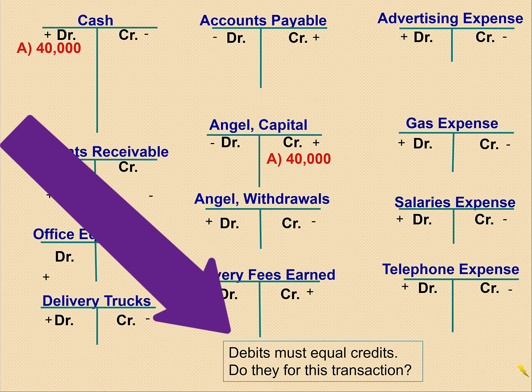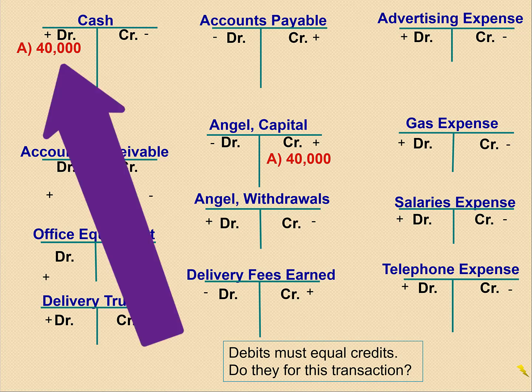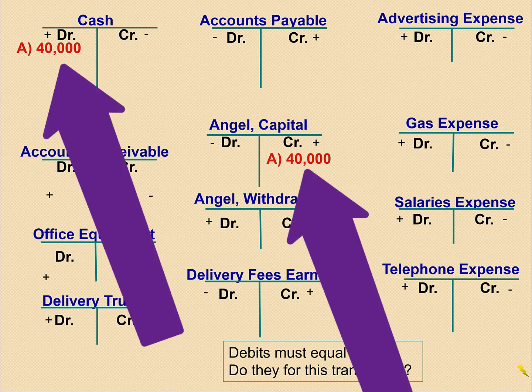But when you copy the numbers over, this is called posting. When you post those debits and credits to this ledger in the form of T accounts, it's easy to accidentally put the debit or credit on the wrong side. So do our debits equal our credits in this transaction? Yep, $40,000 debit and a $40,000 credit.